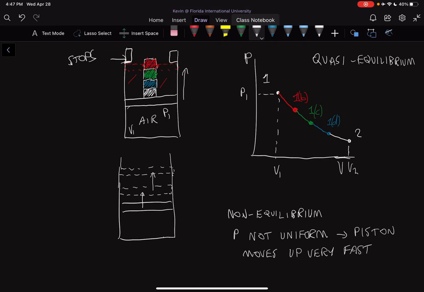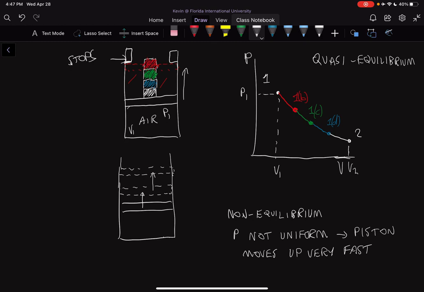And it's very hard to analyze mathematically if we take out all the weights at once, all the little blocks at once, because now we have an unstable system. We don't really know, it doesn't really have time to come to equilibrium.